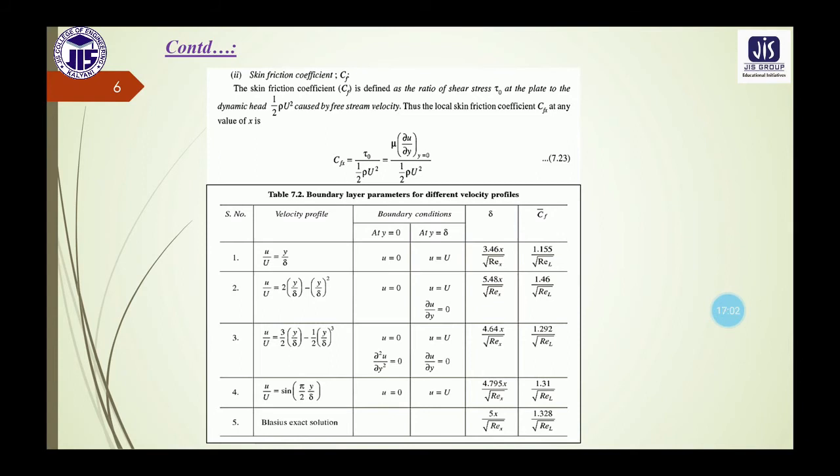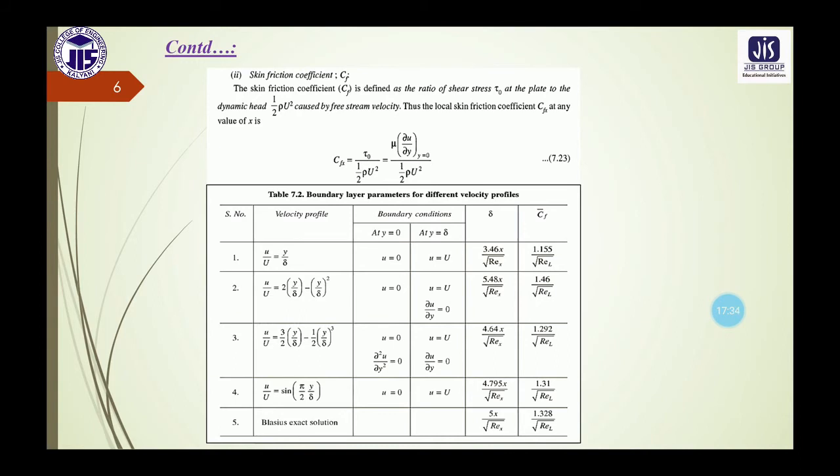So suppose in any numerical, no velocity profile equation is given in the question, other than these 4 equations given in the table, but some dimensions or values are given, and we need to find the boundary layer thickness and the skin friction coefficient.